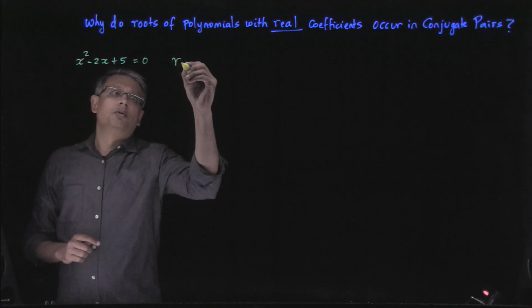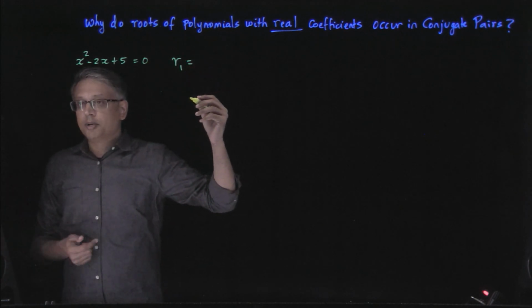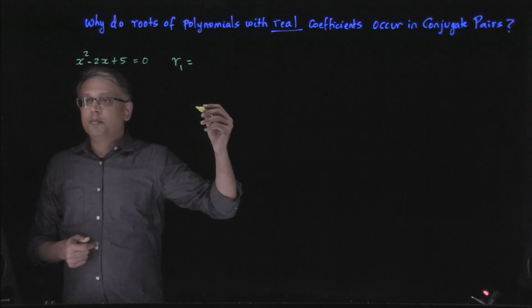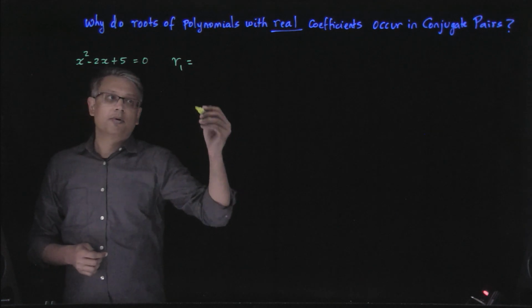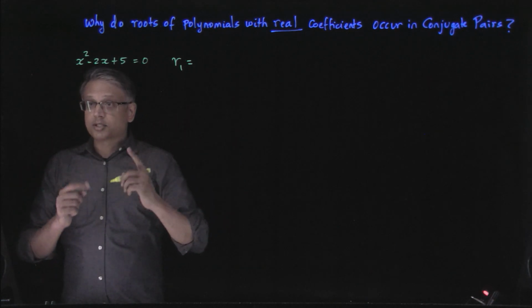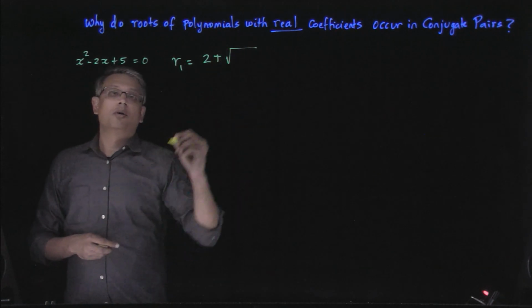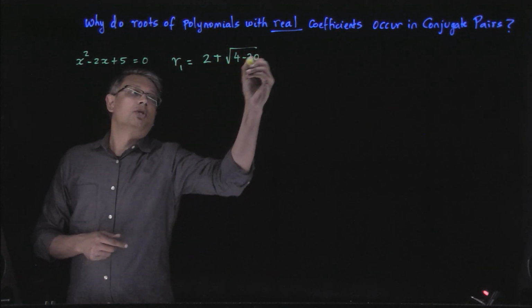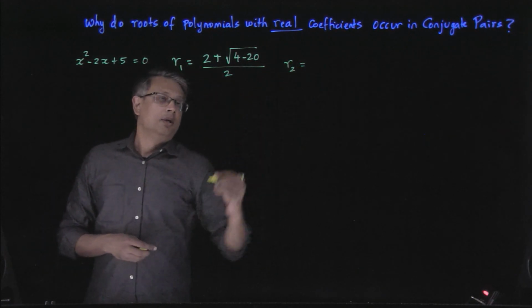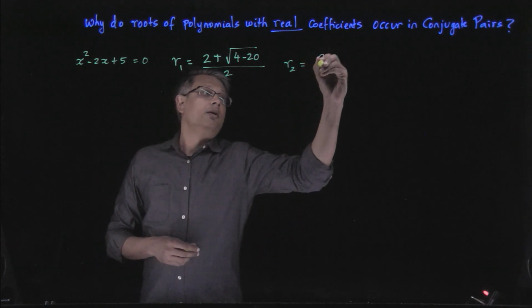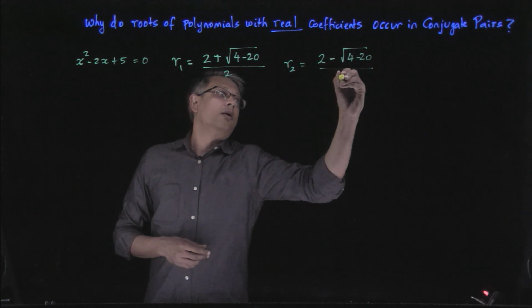Well, you know that the two roots are minus b plus square root of b squared minus 4ac over 2a, and minus b minus square root of b squared minus 4ac over 2a, right? And you notice that they are complex conjugates. So for example, in this case, it's 2 plus square root of 4 minus 20 over 2, and the second root is 2 minus square root of 4 minus 20 over 2.